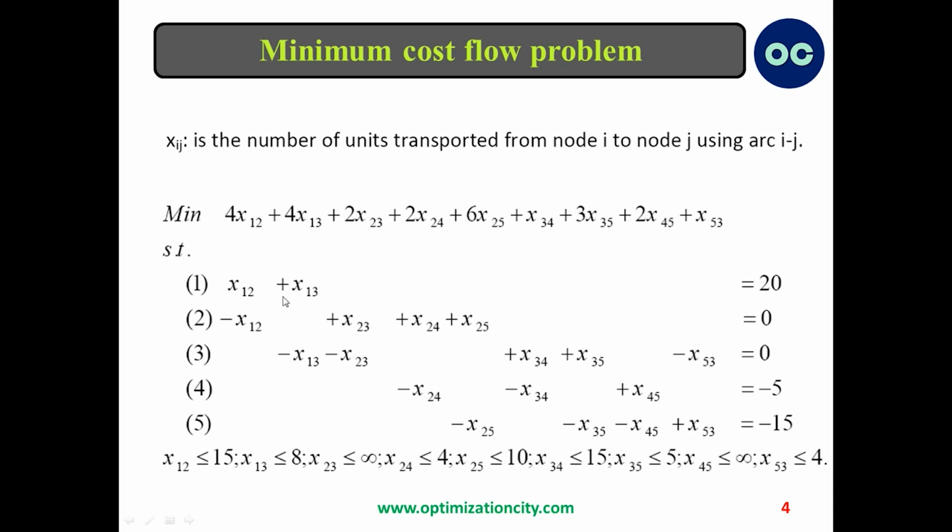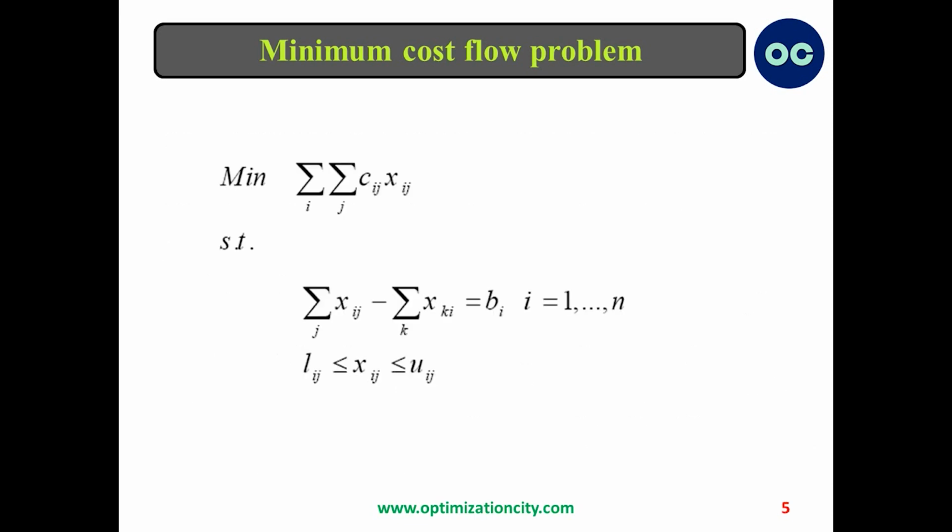Additionally, this variable appears in precisely two balance equations: once with the coefficient of plus 1 representing the node where the flow originates, and once with the coefficient of minus 1 representing the node where the flow enters. Based on the above characteristics, the general form of a minimum cost flow problem can be expressed as follows. The model shown here represents the general form of the minimum cost flow problem.